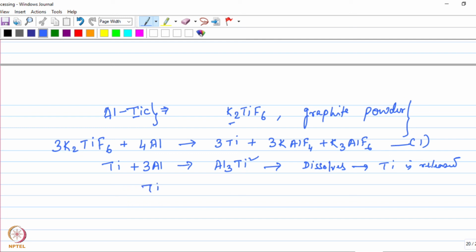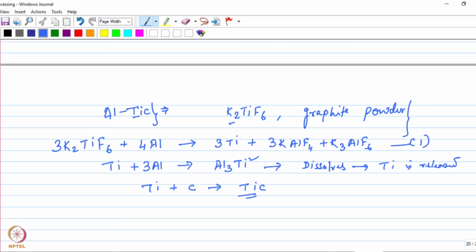So you can say the actual reaction to form the titanium carbide is between titanium and carbon in this case, unlike the previous one, where the boron was released and it was directly reacting with titanium to form TiB2. In order for you to have this Al3Ti releasing the titanium, the temperature and the time of processing have to be controlled.